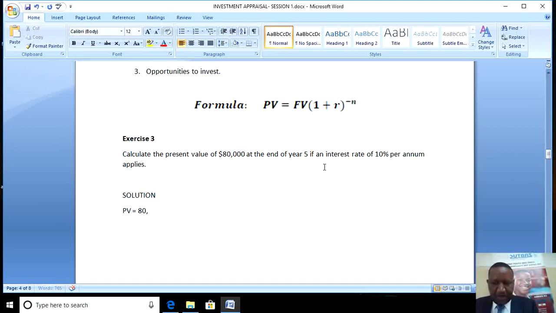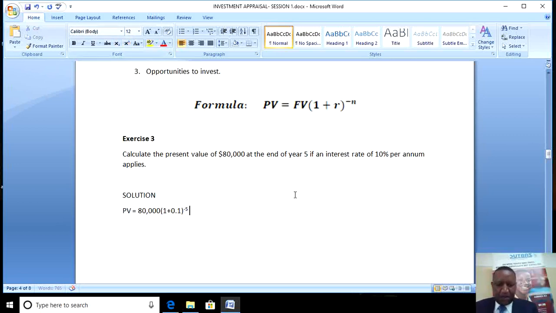The future value, 80,000, multiplied by the discounting factor, which is 1 plus R. R is 0.1. Raise it to power negative number of years, 5, to the power negative 5.